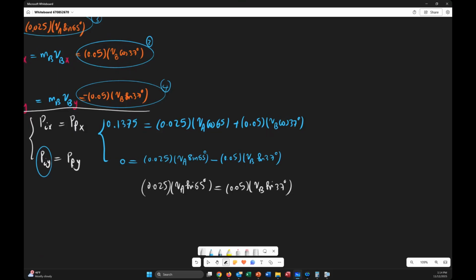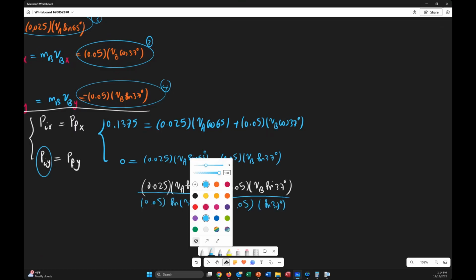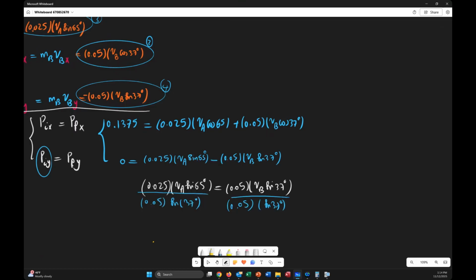Okay, I just solve for B, for instance. If I want to solve for B, what do I do? I divide both sides by 0.05 sine 37, yes? 0.05, good? Sine 37, good? Okay, what happened here? Sine 37 and these cancel each other.